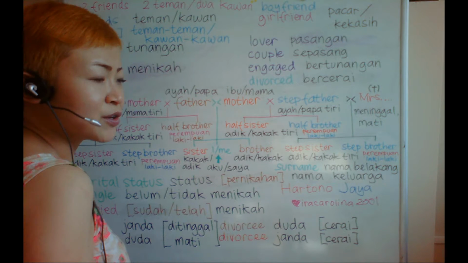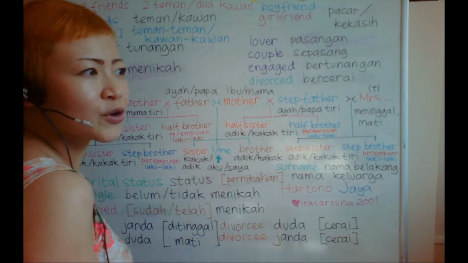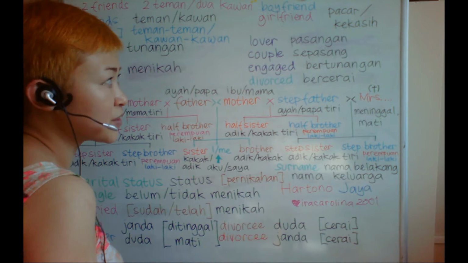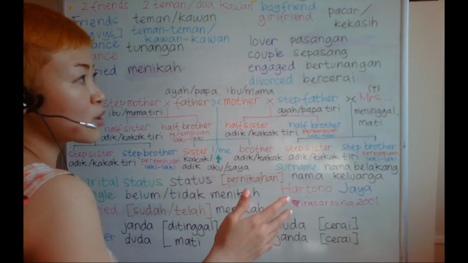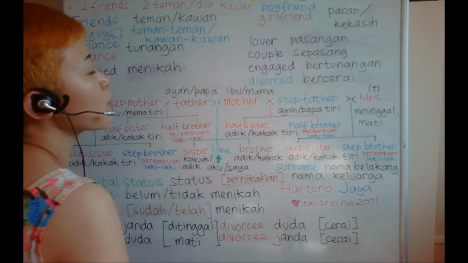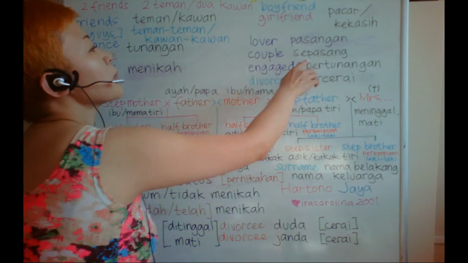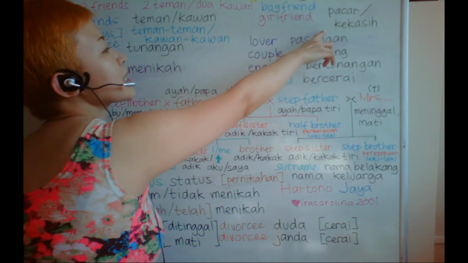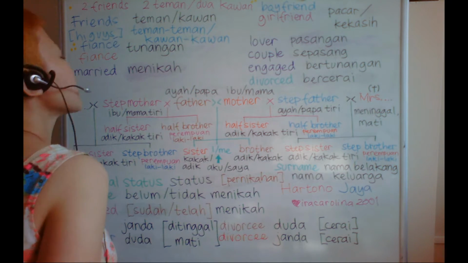Sometimes people already know from your gender or from your preferable gender to be your lover. But sometimes you don't know, sometimes you already know, sometimes you never know. It happens like that. It's only pacar or kekasih. You don't know female or male, boyfriend or girlfriend.